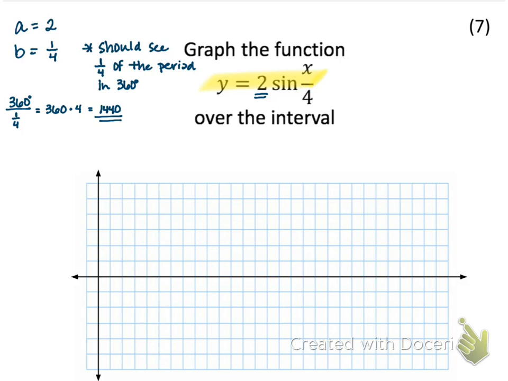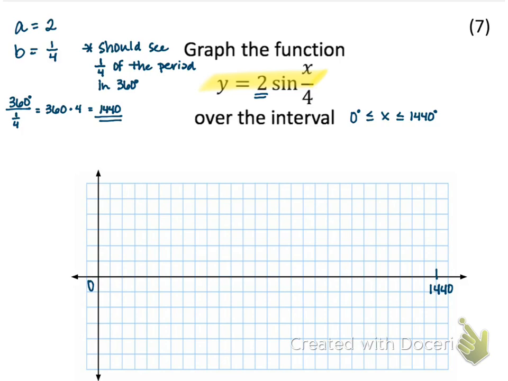So we're actually going to change the interval to be 0 degrees is less than or equal to x, which is less than or equal to 1,440 degrees, just so we can make sure we see the full cycle. So labeling, we're going to start at 0. We're going to go all the way to 1,440 degrees, and we're going to use our normal pattern of quartering our graph off.